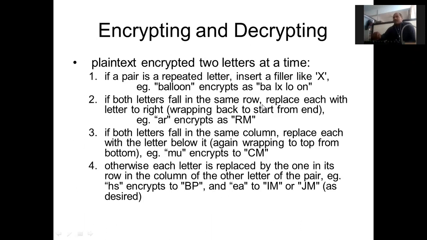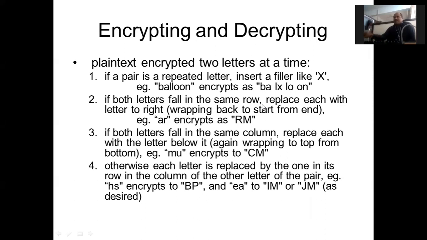Here you can see that the plain text is encrypted 2 letters at a time. You remember this one. Whatever the plain text letters are, they are encrypted 2 letters at a time. This is very important. This is the speciality of this Playfair matrix.